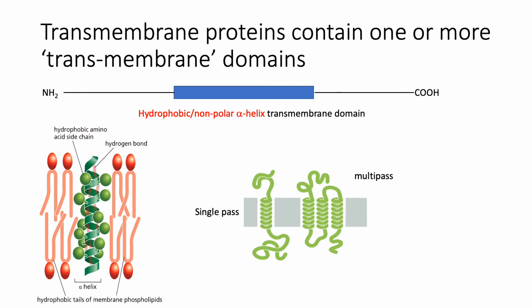But if you look at the top, I just have a kind of a linear drawing of a protein with a transmembrane domain, which is shown in blue. So you have the amino terminus, carboxy terminus, and in the center, there's the transmembrane domain. The transmembrane domains are hydrophobic or nonpolar alpha helices. So they're the alpha helices that we talked about when we talked about protein structure, but all of the amino acids are nonpolar.